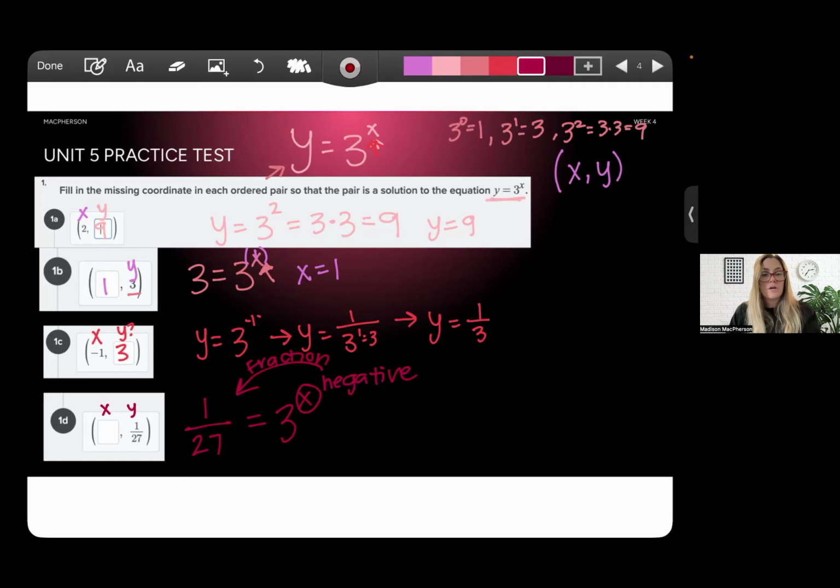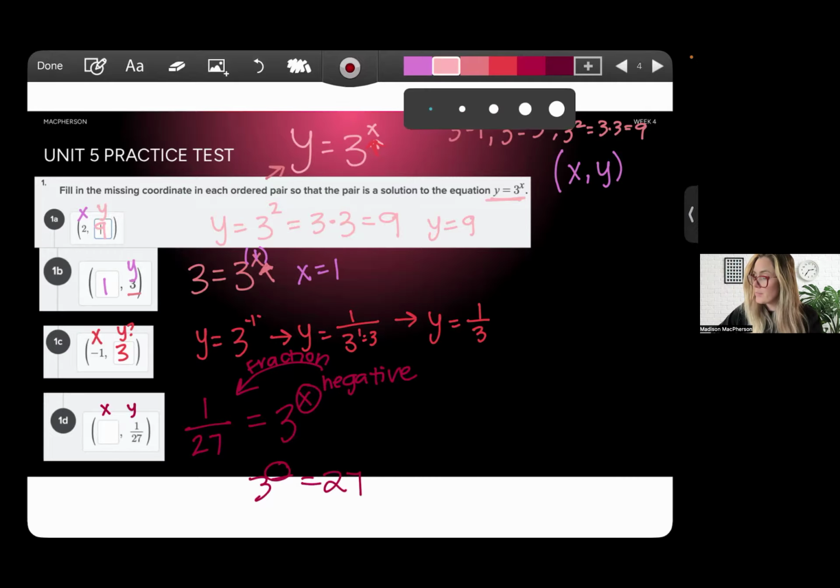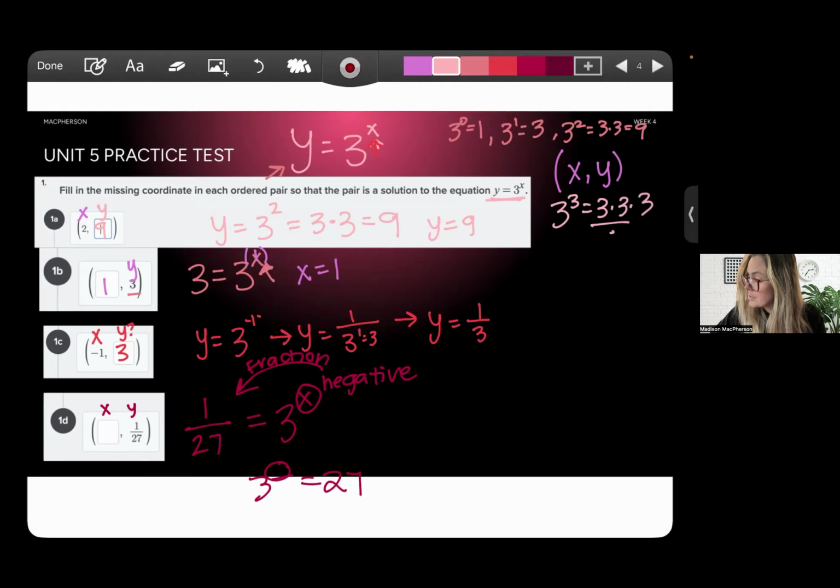Okay, so we know it's got to be negative, and then we need to figure out 3 to the power of what number equals 27. Well, we kind of started a little list up here. We've got 3 squared is 9. So what would 3 cubed be? It would be 3 times 3 times 3. 3 times 3 is 9 times 3.